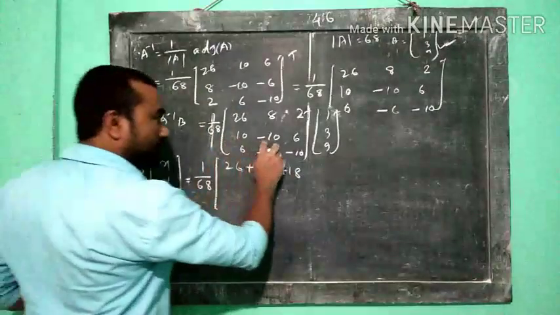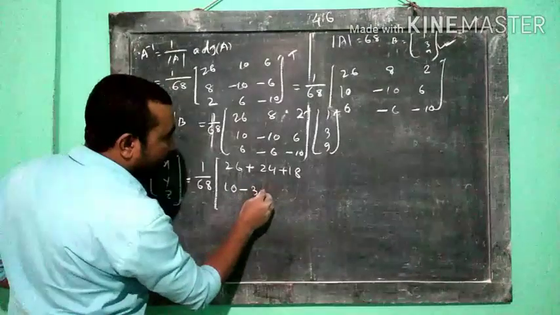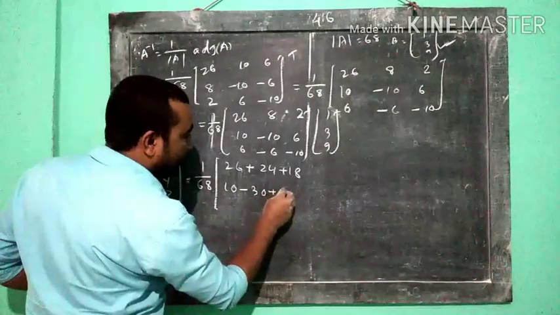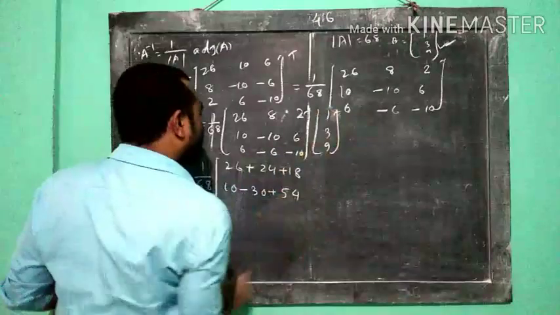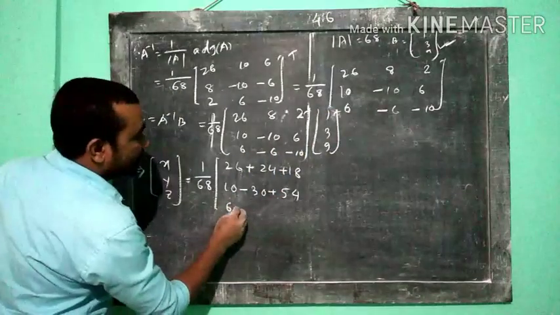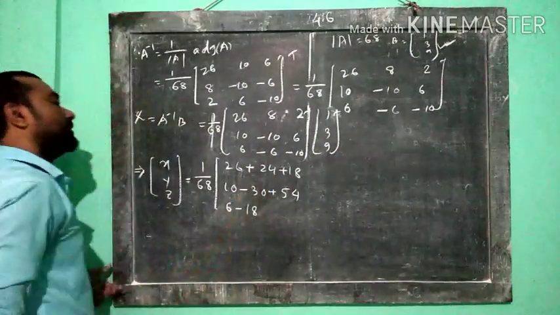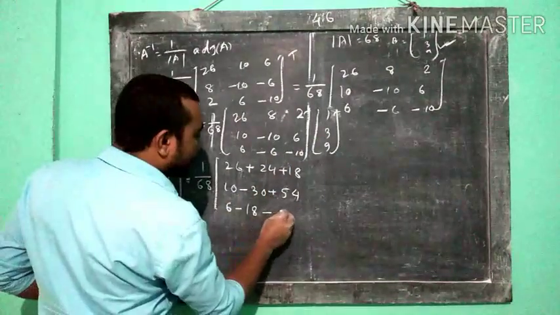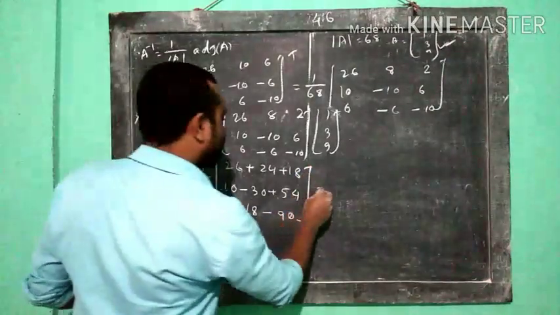And second row first column, this is 10 minus 30 plus 54. And lastly, third row first column is 6 minus 18 minus 90.